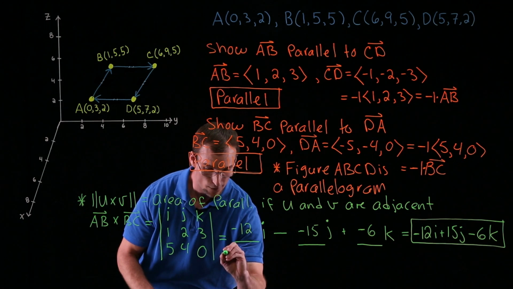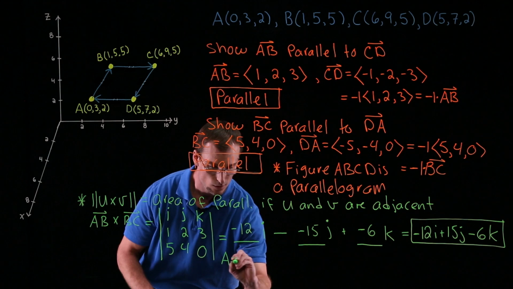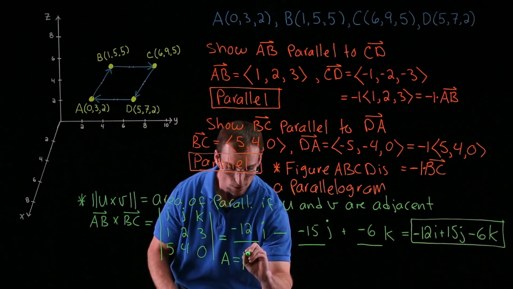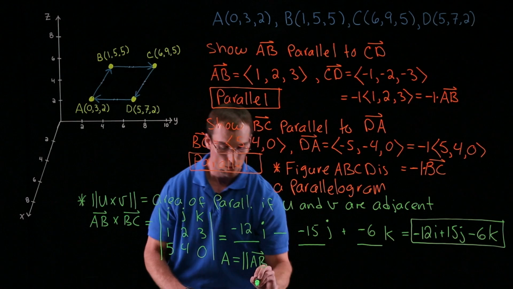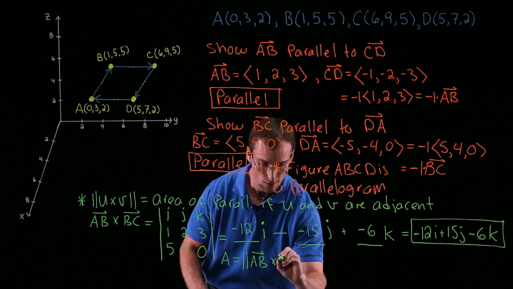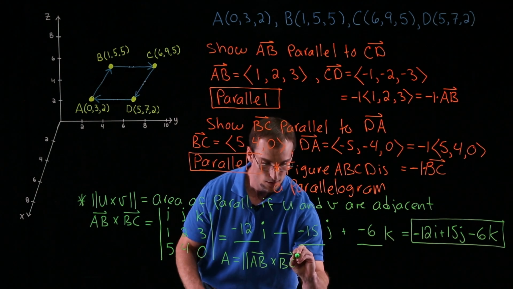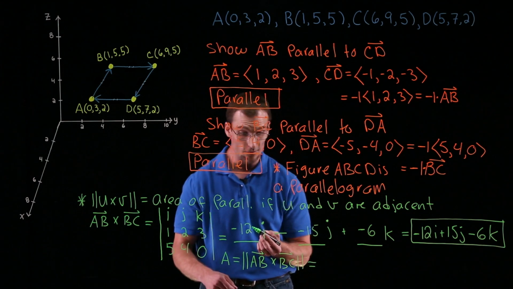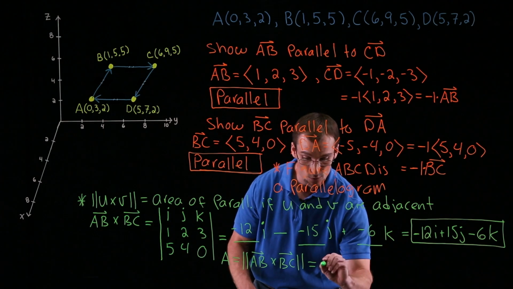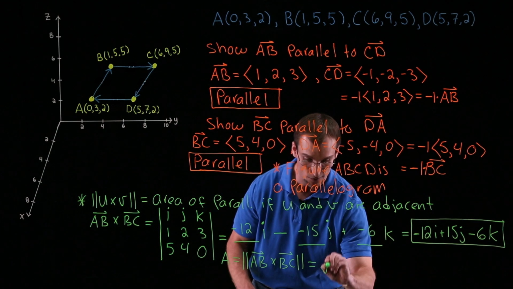Okay, so our area, call it A, is equal to the magnitude of our vector AB crossed with BC. And then the magnitude of a vector is just the square root of the sum of squares of its components.